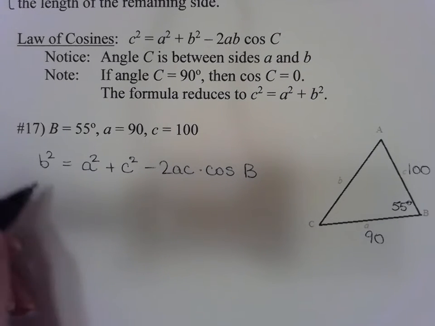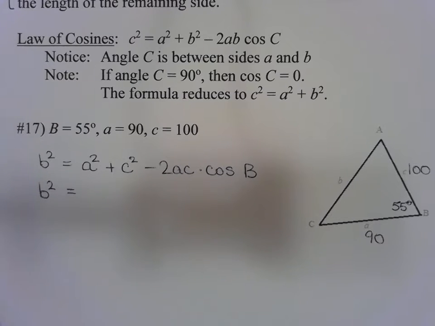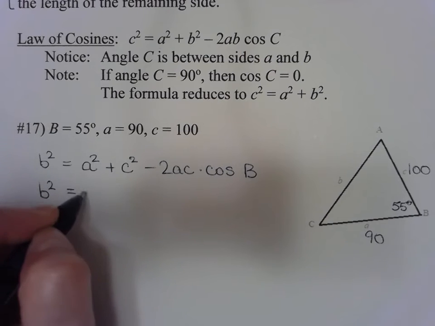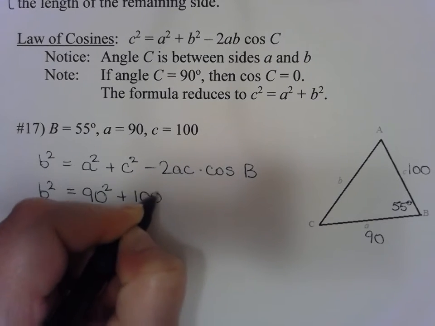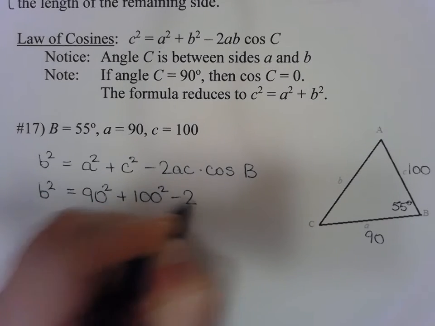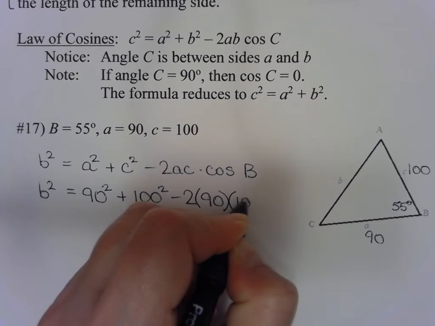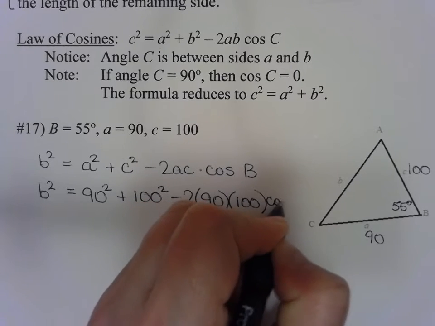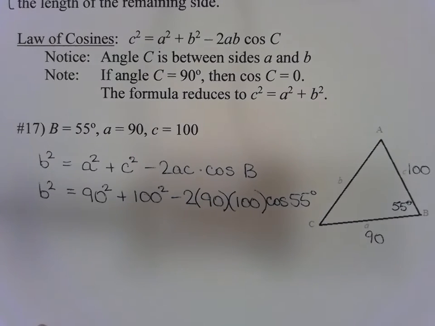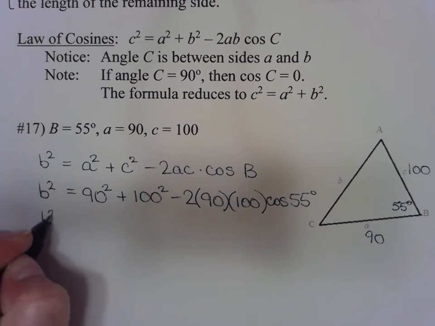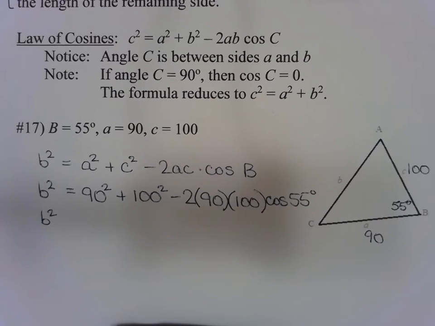Okay, so let's plug all of this in. So to find side B, we've got A squared, so 90 squared plus 100 squared minus 2 times 90 times 100 times the cosine of 55. Okay, so we could definitely use a calculator, and you're welcome to pull that out.